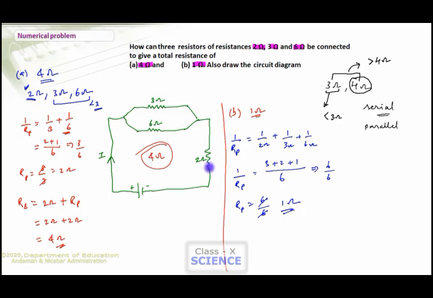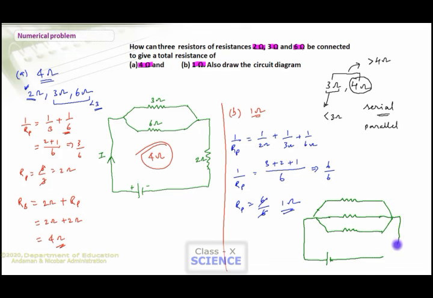So how can we draw the circuit diagram? Very simple, right? For making the circuit diagram we have 3 resistors, all the resistors are combined parallelly, right? So this is the second resistor and this will be the third resistor, all combined parallelly. So here is our potential difference. So this will be the parallel combination.